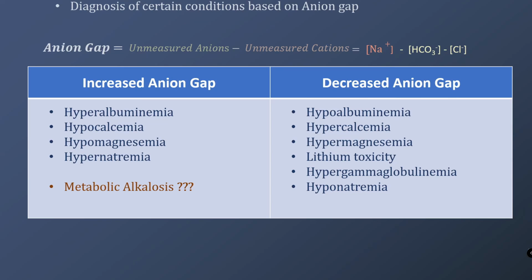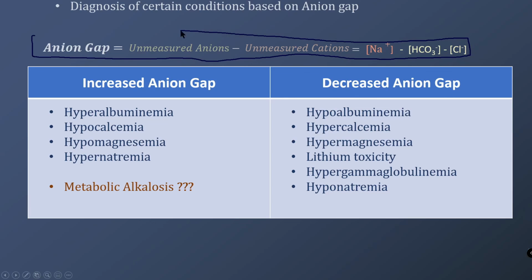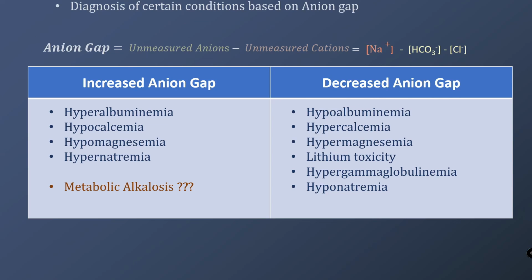Now, what you need to remember in this anion gap, what is important from an exam point of view especially: the only thing you must know is this equation, number one. And second most important is that you must know its significance, its causes, in what situation anion gap is increased or decreased, or in what metabolic acidosis anion gap is normal or increased.